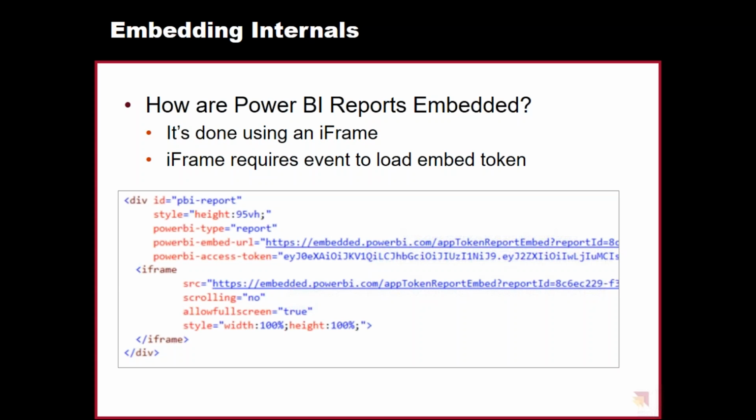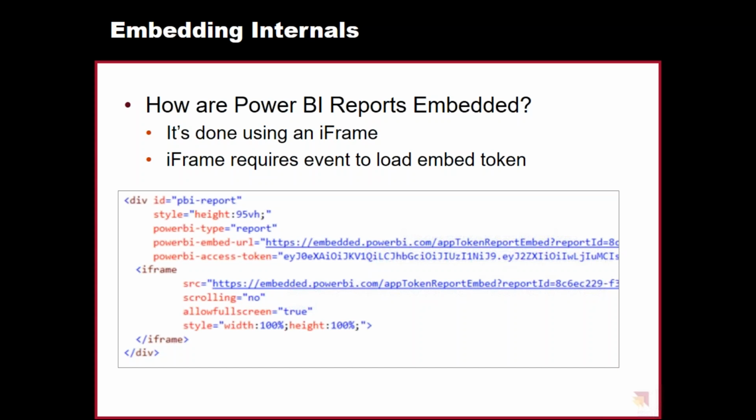They basically add an iframe into your page, and the iframe has a source that points to a URL up in embedded.powerbi.com, and it also has the app token inside there, and the report ID of the report that it wants to pull down. Now, you're typically not going to have to build the iframe.